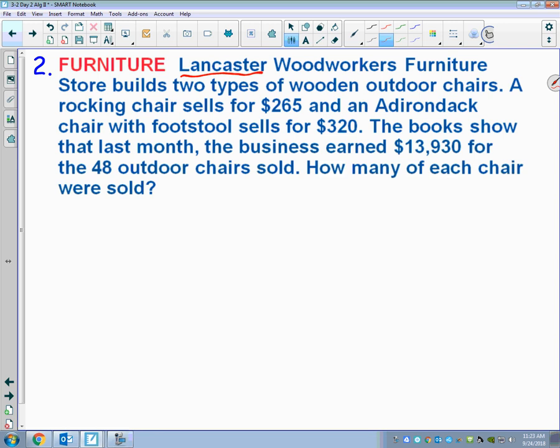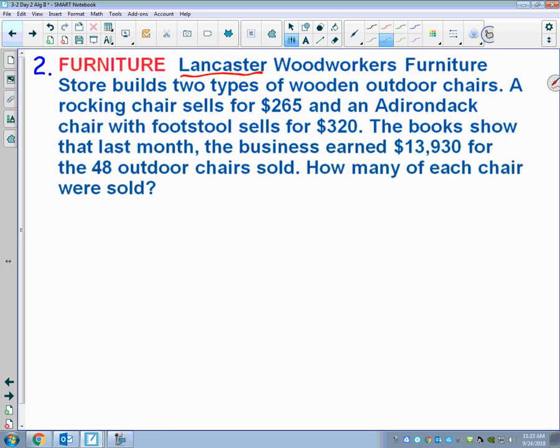If I want to sound like I'm from Kentucky, I can say Lancaster Woodworkers Furniture builds 2 types of wooden outdoor chairs. A rocking chair that sells for $265, and an Adirondack chair with a footstool that sells for $320. The books show that last month the business earned $13,930 for 48 outdoor chairs sold. How many of each chair were sold?